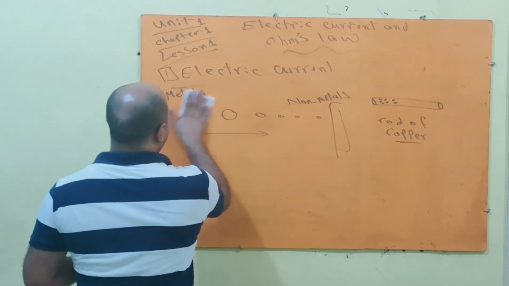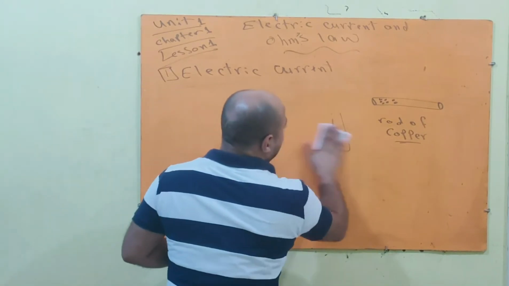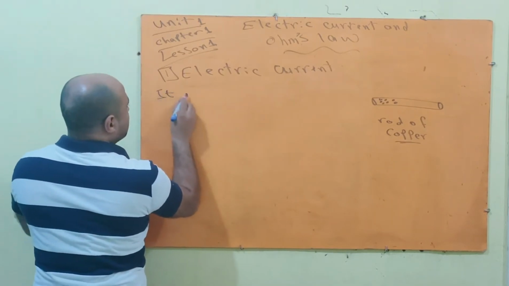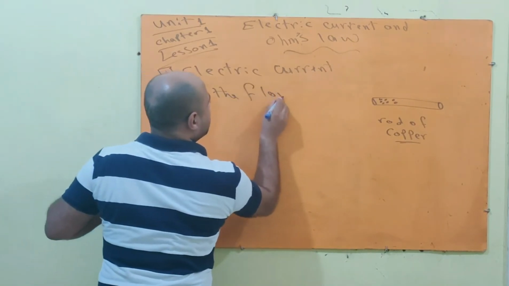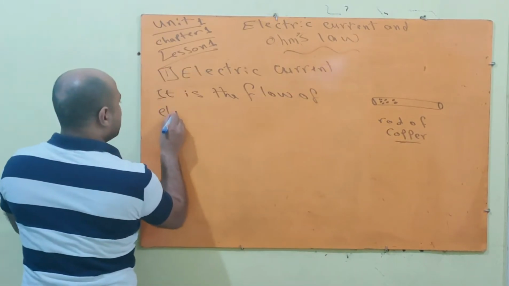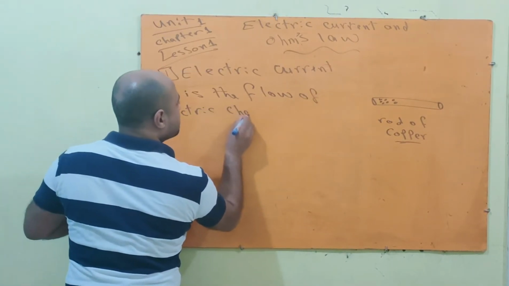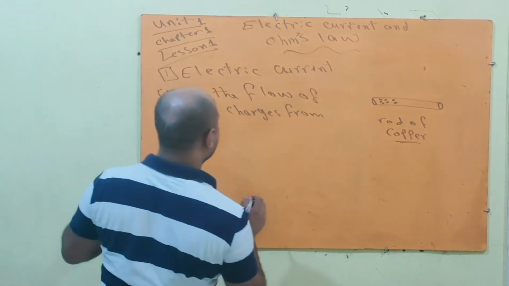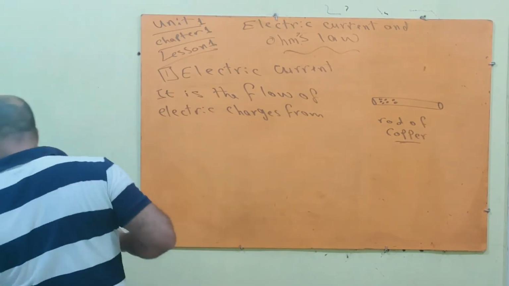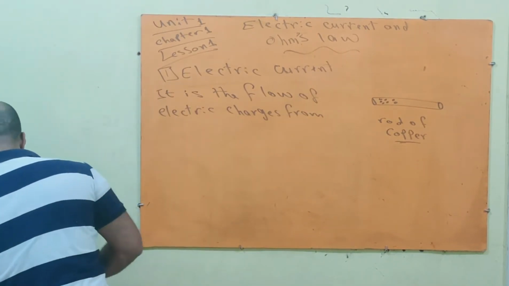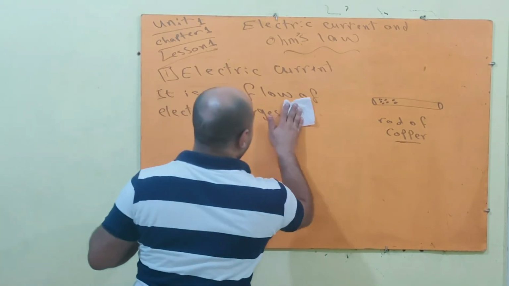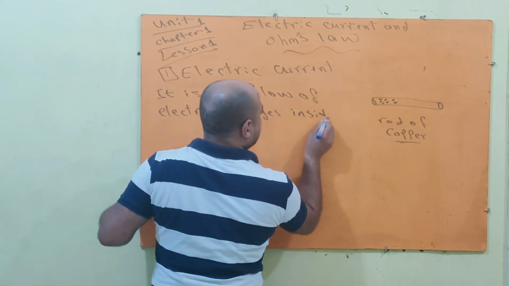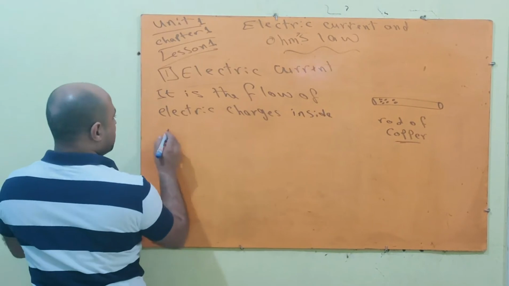Electric current is the flow of electric charges inside a conductor.